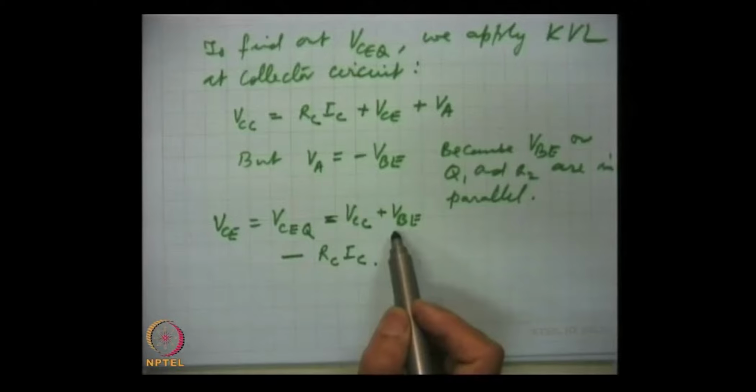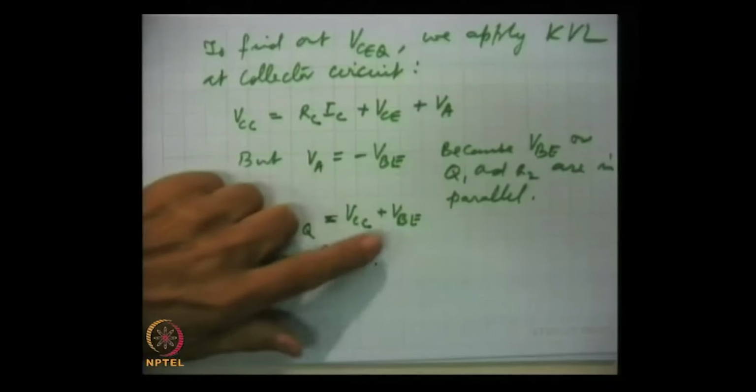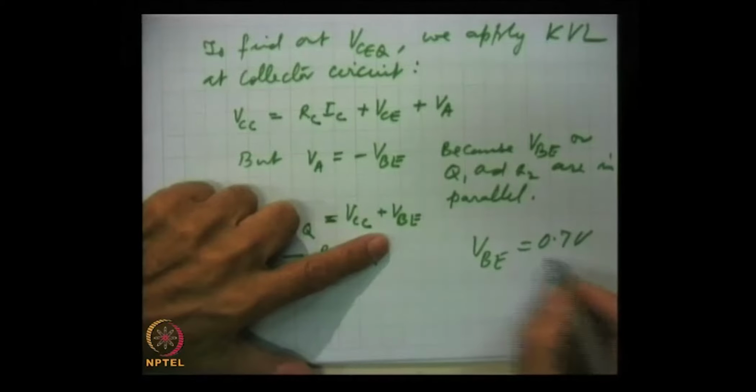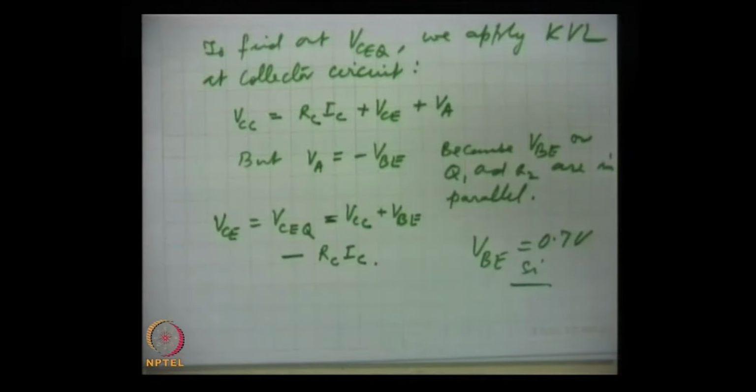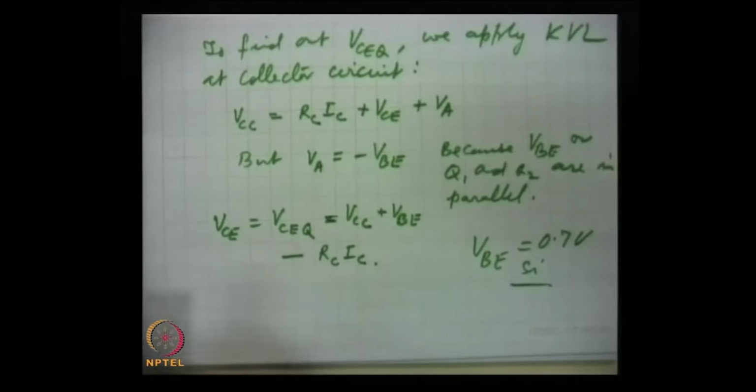VBE is 0.7 volts for silicon, because integrated circuits are mostly on silicon. Some very high frequency devices are on gallium arsenide, not a single IC is formed with germanium. So this is known, and hence the value of RC, keeping how much voltage we want. Out of the two, if one is known, the other can be calculated.